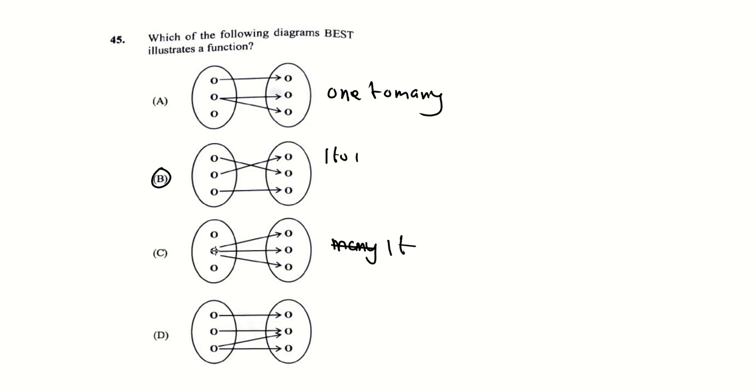It is going from one element to many, right? And this is also one-to-many as well. So the only one that is a function is this, which is one-to-one. If you had many-to-one, so you're going from many elements here to one element here, then I would say that is a function. But no, the only one that is a function would be B.